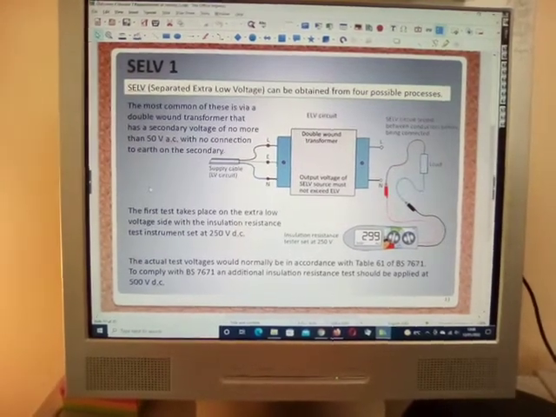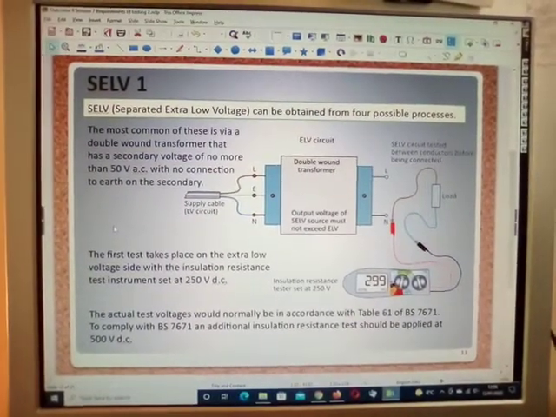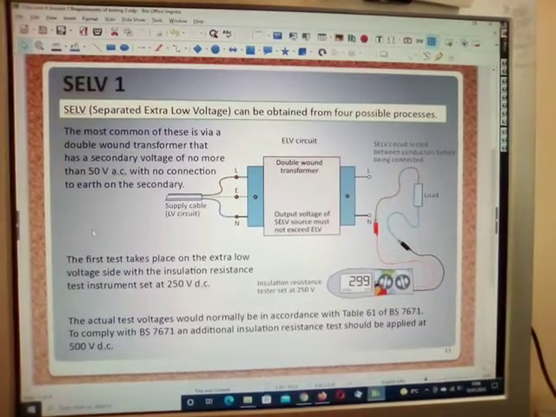And here we have our separated extra low voltage or safety extra low voltage.